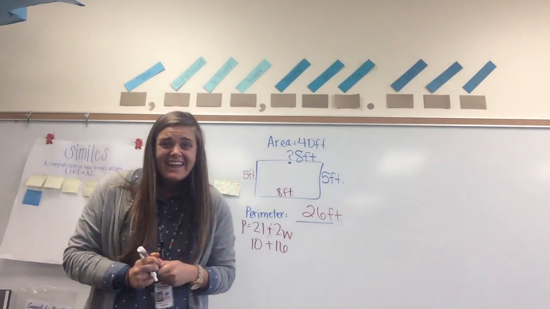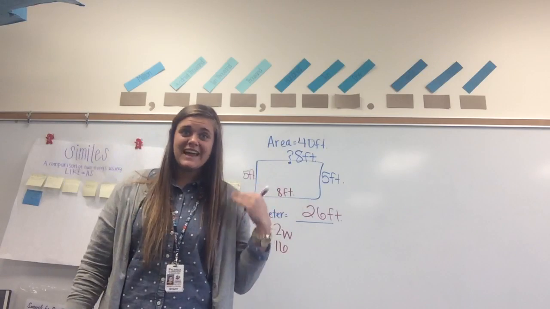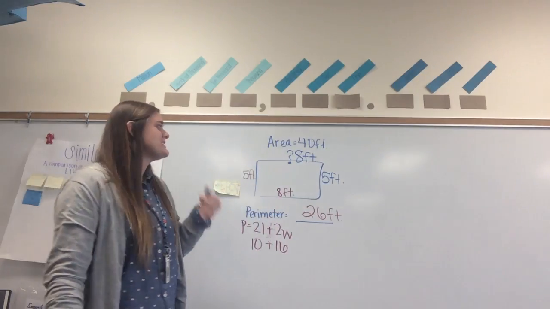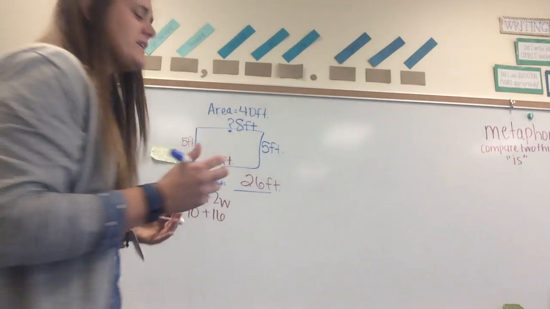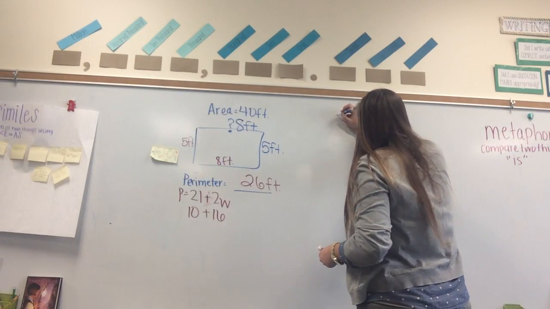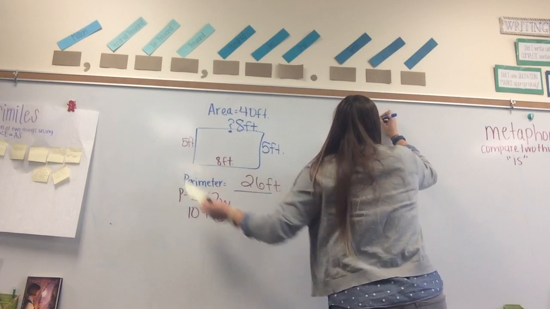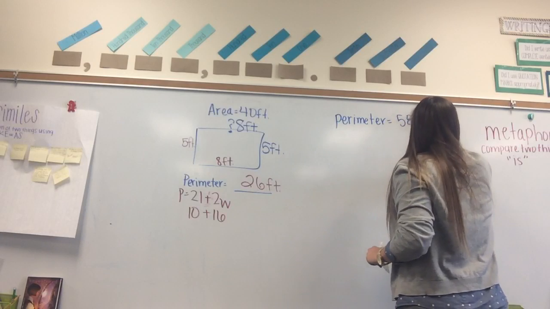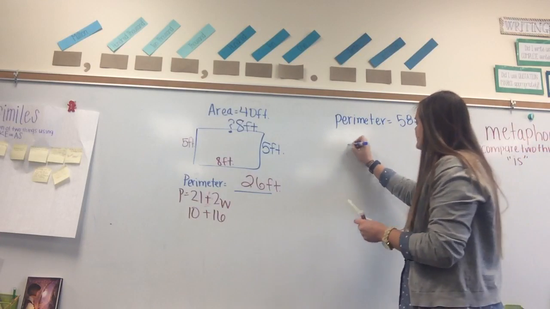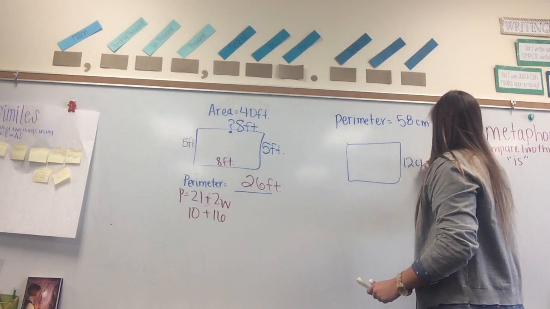Now, the challenging part that we had today in class was if we're given the perimeter. So I'm going to slide my iPad over, give us some more room. So if we have the perimeter, and our perimeter is 58, let's say, centimeters, and we have a figure like this, and this side we're going to say is 12 centimeters.